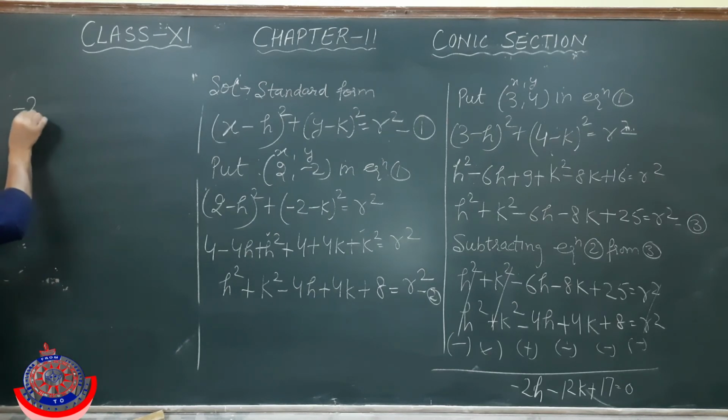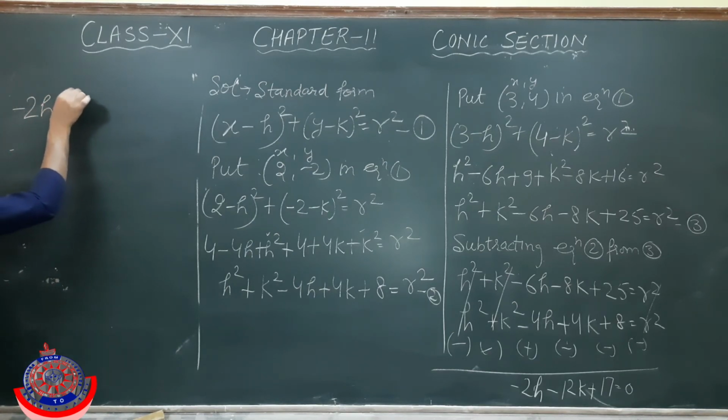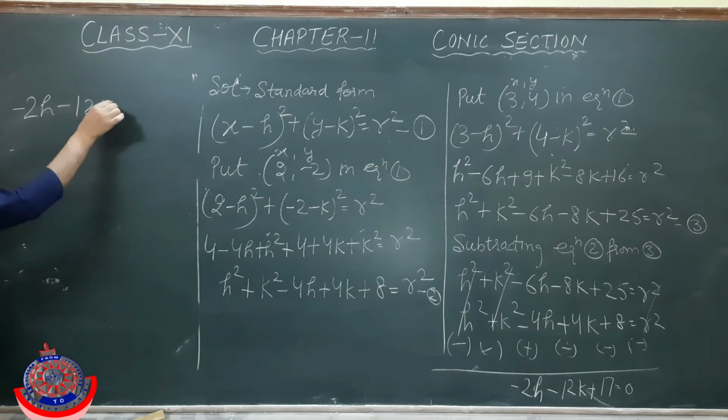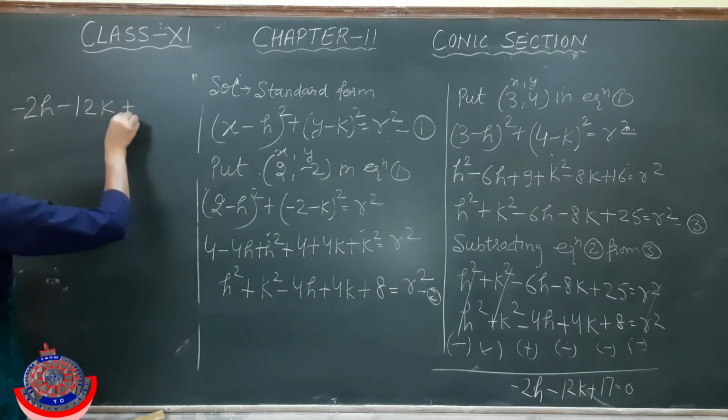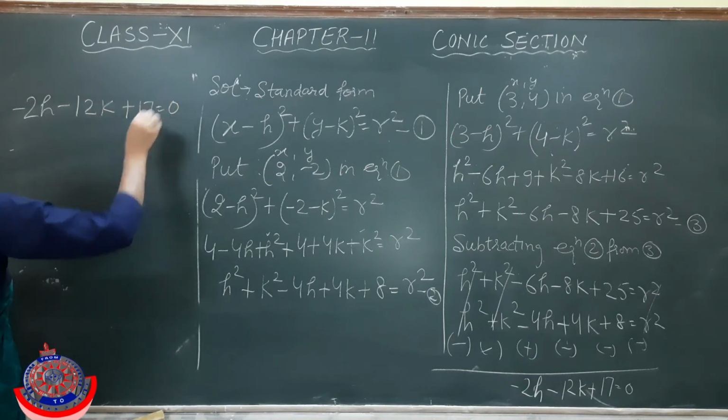So one equation we have got, minus 2h minus 12k plus 17 is equal to 0.